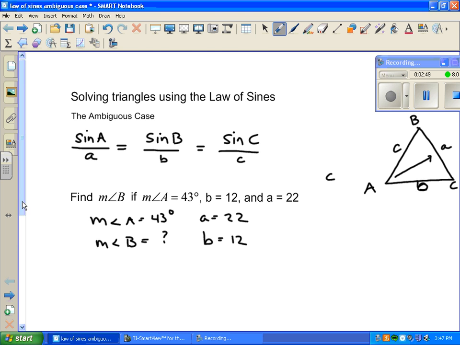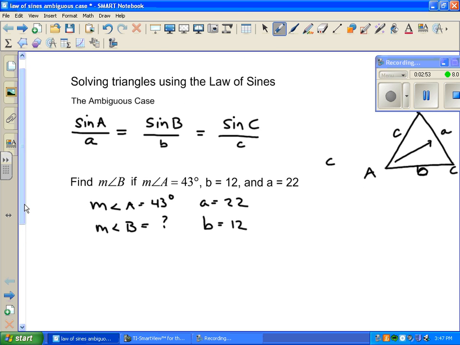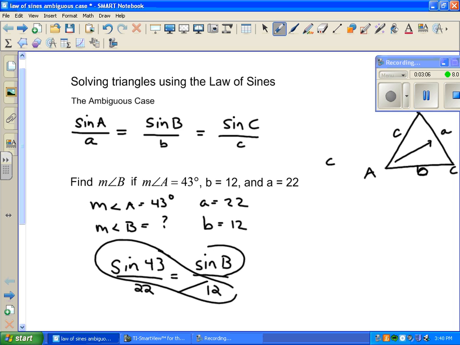So if I set up my law of sines proportion, the sine of 43 degrees divided by 22 equals the sine of some angle B divided by 12. And I'm going to cross multiply. So 12 times the sine of 43 equals 22 times the sine of B. And then to solve for sine B, I have to divide 22 out of both sides.